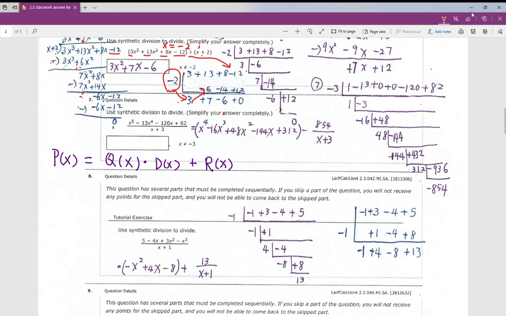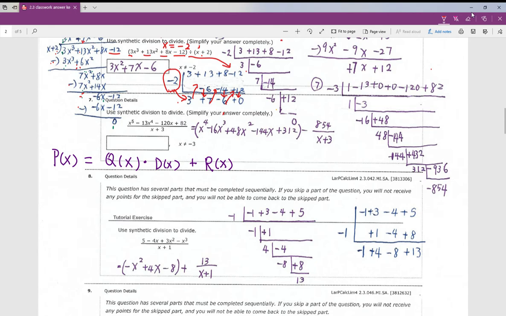Times -2, and then plus, then plus. Let me make the marker even better. Okay, so times -2 and plus these two numbers, times -2 and plus these two numbers, times -2 and plus these two numbers. So always like that.